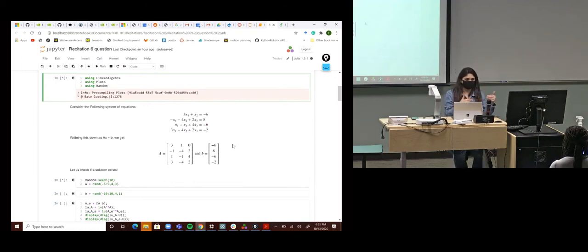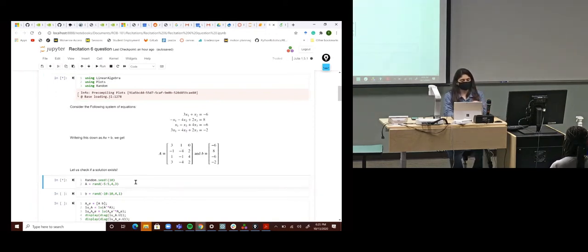I got the random matrices, and I copied the solution and I made the system of equations from that. So when you run it again, it gives you the same random values, and the way to do that is using the seed. So I set a seed to 10, which is saying that it will sample from the same distribution every time. So I know that every time I call random, it will give me the same matrix.